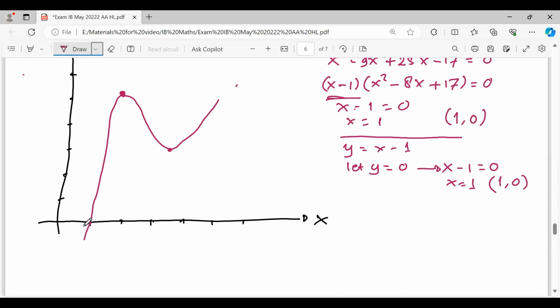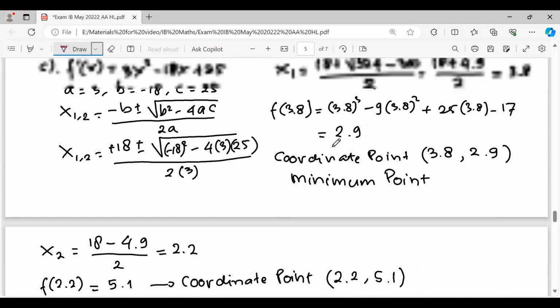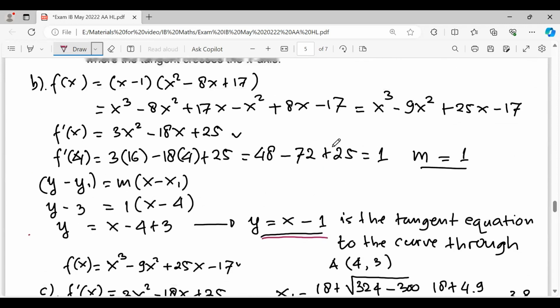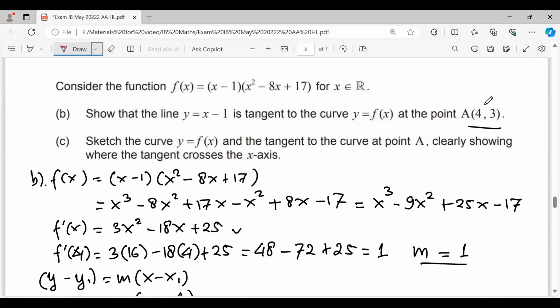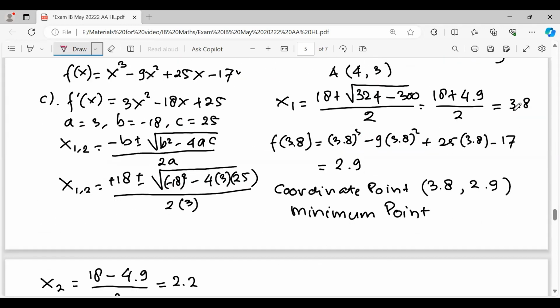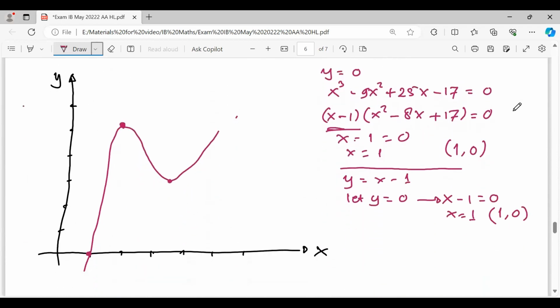And you know that this tangent goes through (4, 3), through this coordinate point (4, 3). So coordinate point A on this curve is around here, okay, around here, because this is (4, 3).